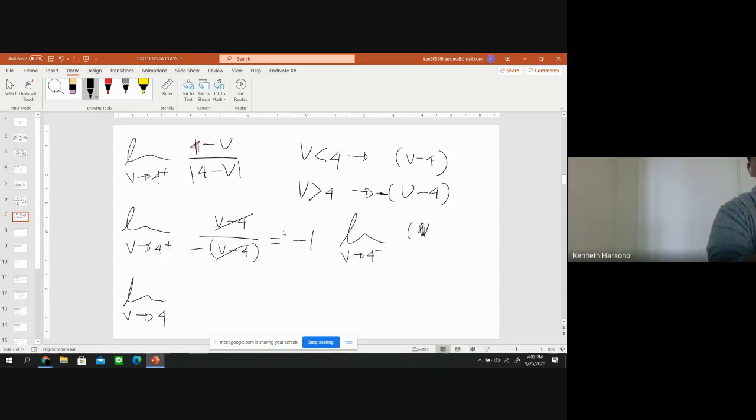It's lower than 4, right? So we use this one. Same, cancel out, and we get 1. So the limit as v approaches 4 does not exist, right?